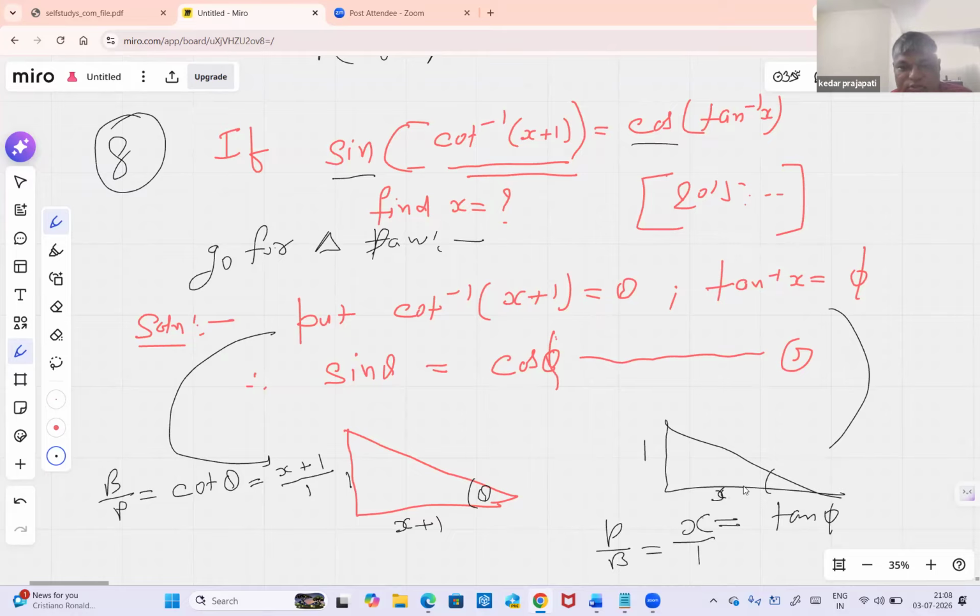From Pythagoras theorem, hypotenuse will become root over x plus 1 whole square plus 1 square. Same thing will happen here: root over x square plus 1. Am I right?